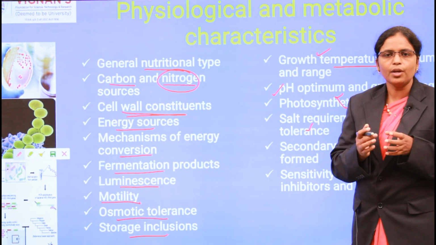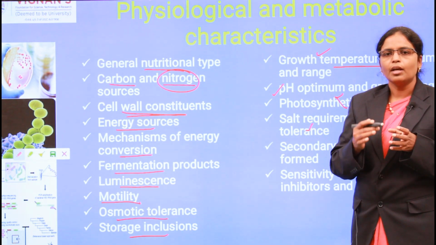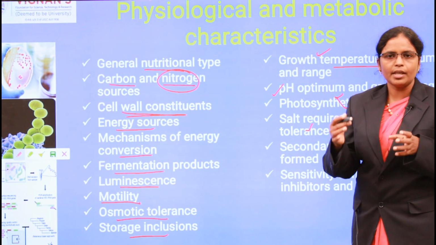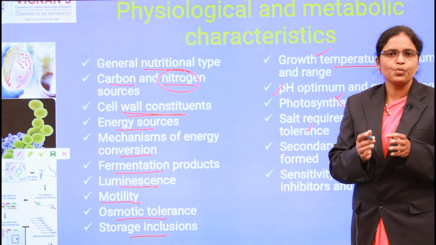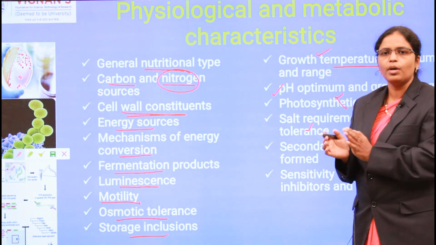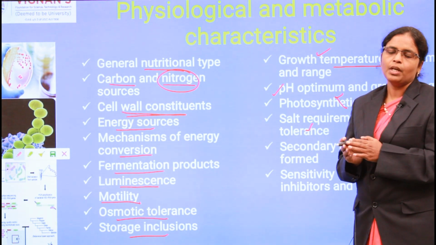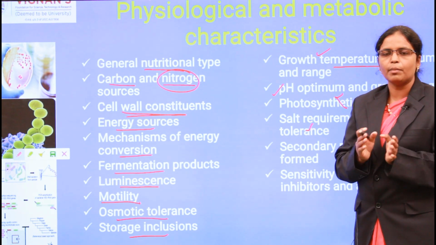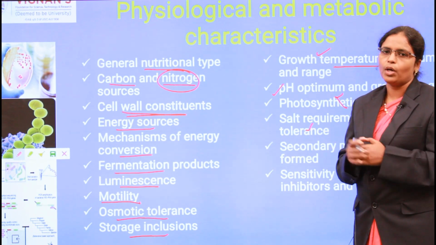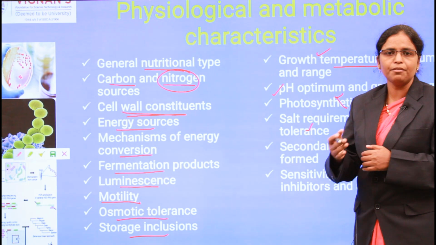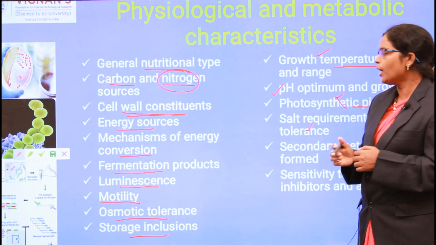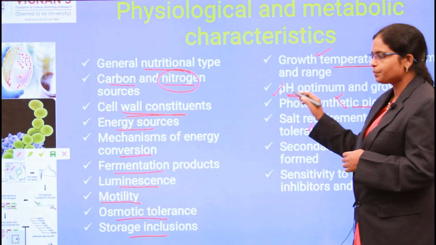That means microorganisms grow under various temperatures, differing from one organism to another. So based on the temperature requirement, we can differentiate the organisms and identify the organisms. Similarly, the pH also.